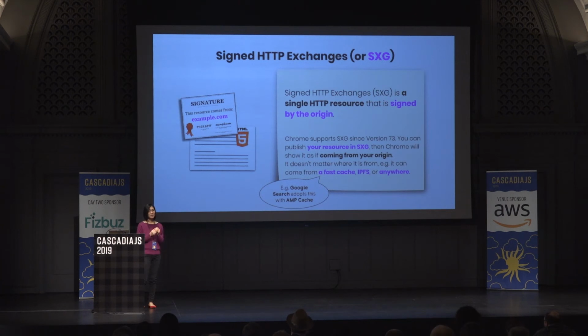This means that now an HTTP resource can be retrieved from anywhere, for example, from a fast cache, from IPFS, or from anywhere. And the browser can still treat it as if it's coming from the original origin. It's very powerful. And today, Google Search adopts this to make the search results load faster using its own cache. It's called AMP cache.